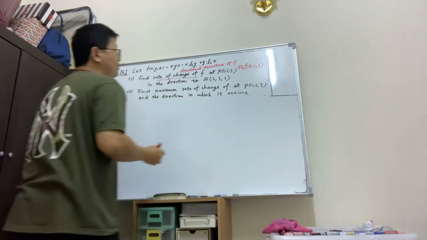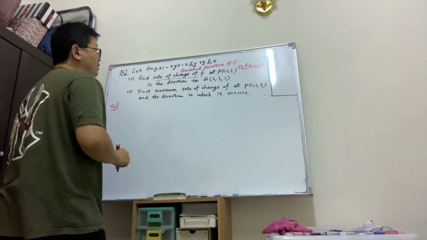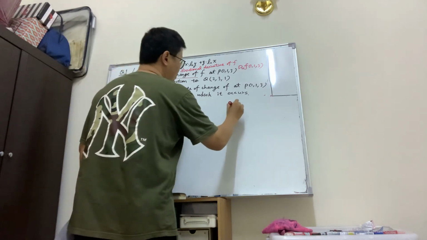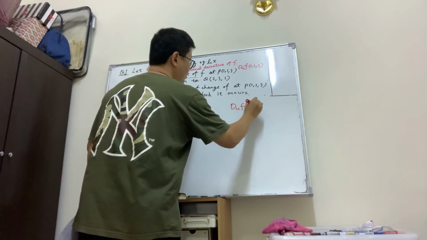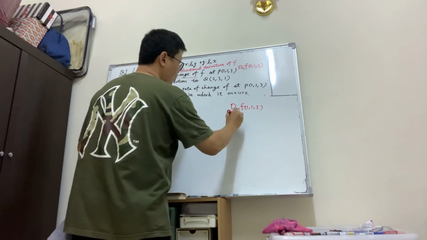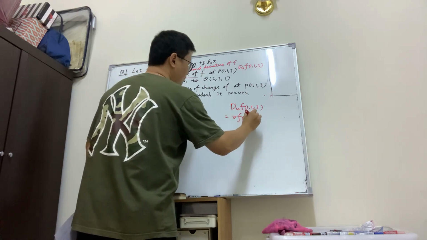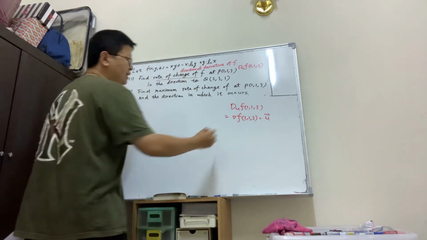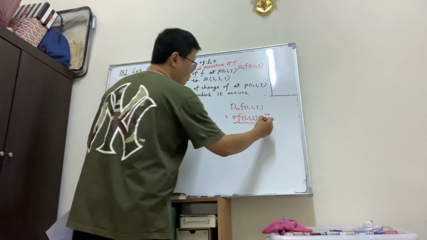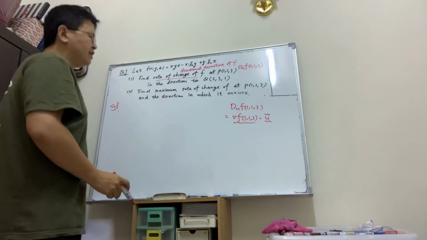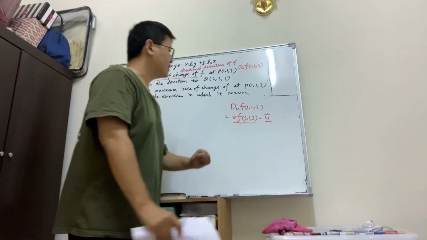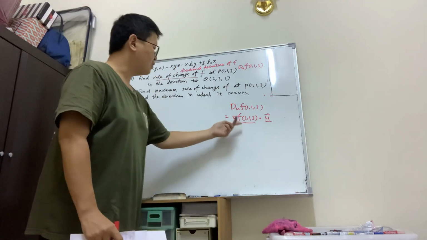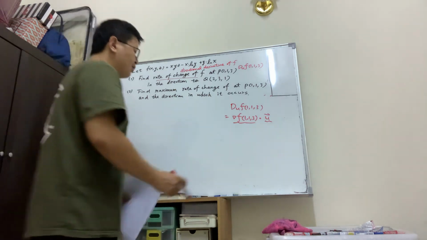Okay, and then if you want to know D_u f(1,1,3), we should use the formula: D_u f(1,1,3) is equal to the gradient of f at (1,1,3) and u, their inner product. It's a vector in R3 and it's also a vector in R3, and this vector u is a unit vector. Gradient f at (1,1,3), what does it mean?